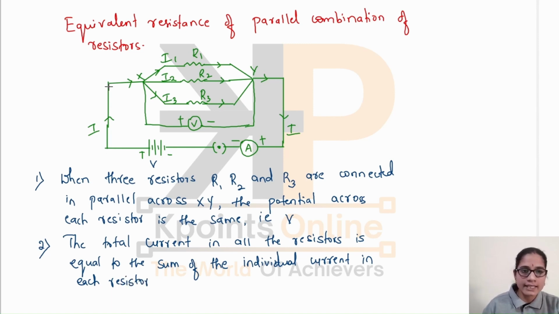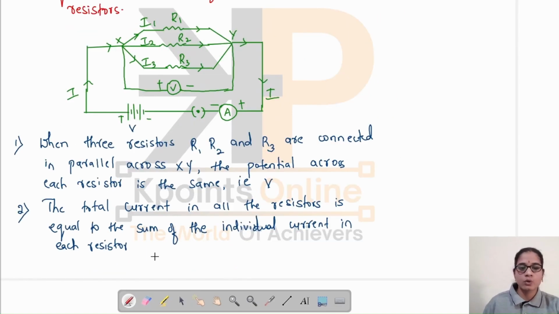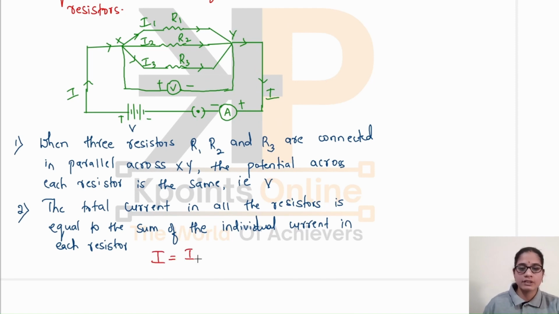The total current I flowing through all these resistors is equal to the sum of the individual currents flowing through each resistor. So we will get the total current I is equal to I1 plus I2 plus I3.